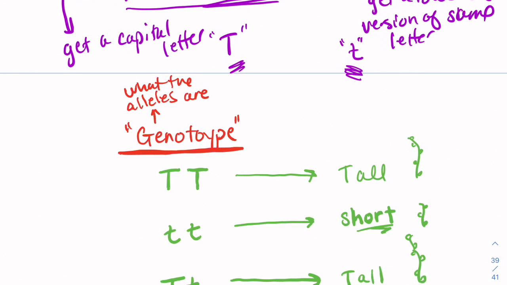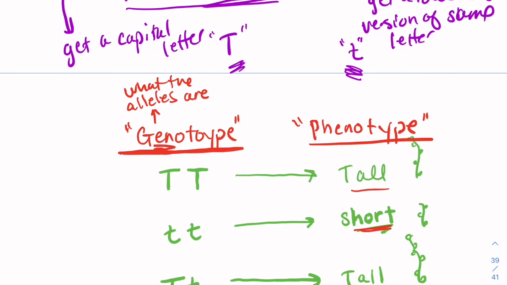I know some of you have heard these words before. What's the other one? What are these things here? What the trait actually looks like, or what the plant looks like? Not genotype, it's phenotype. This is called phenotype. This is what the trait actually looks like. And here's one way to remember it. Genotype has the word gene in it, so it's like what's going on with the genes, what's going on with the alleles.